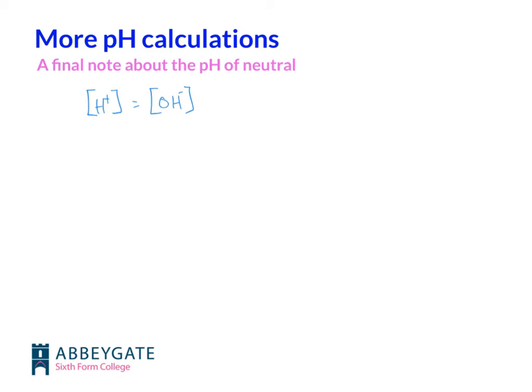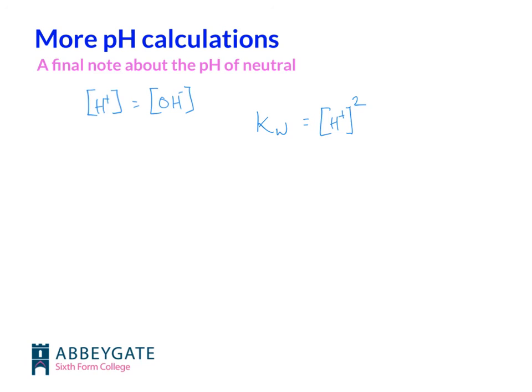So if you know that they're equal and you know that the value of Kw is 1 times 10 to the minus 14, so we know that Kw is equal to H plus times OH minus, then if you're given Kw and you know it's a neutral substance, we can get rid of the OH minus and say that Kw is equal to H plus squared, because H plus is equal to OH minus.